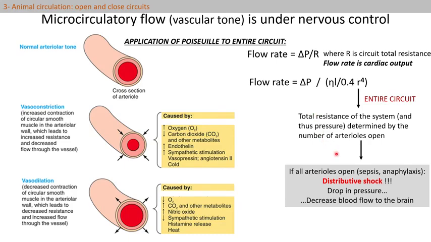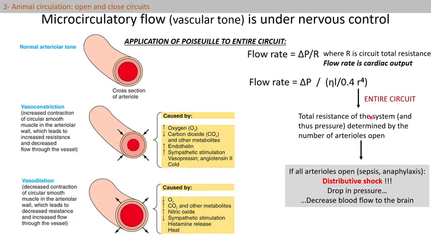And if the pressure drops, of course, then you would not be able to bring blood to specific tissues, like for instance, to the brain. You would decrease perfusion, and that's what is called a distributive shock. Right?